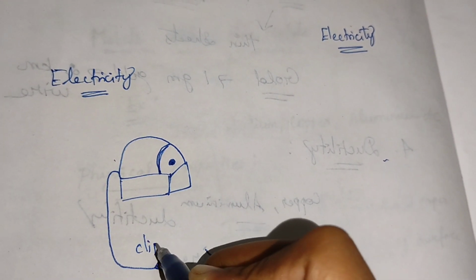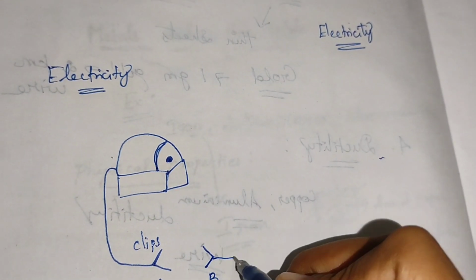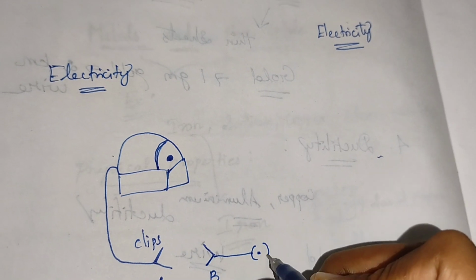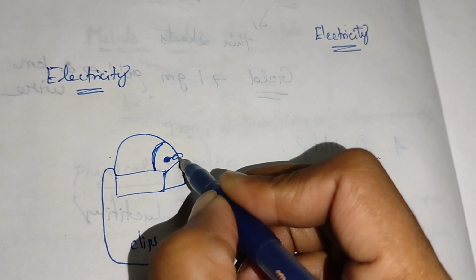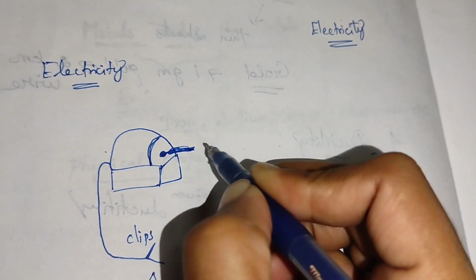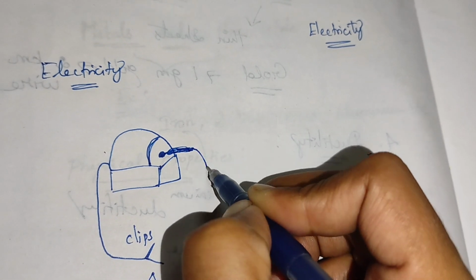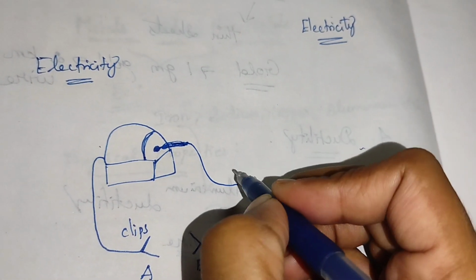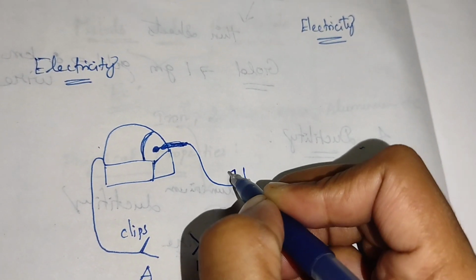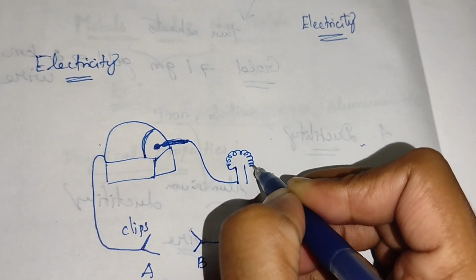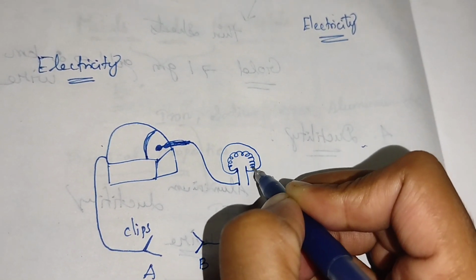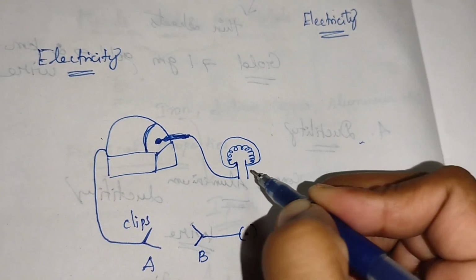This is clips and a switch. Sorry guys for my poor diagram. And this is a bulb. We are going to check whether the bulb glows or not.